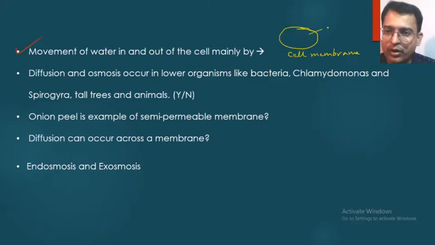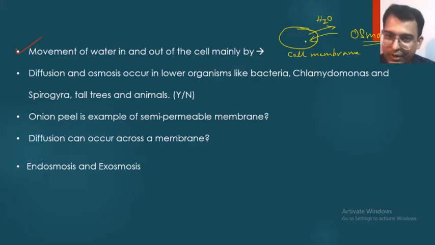So what I am asking is, if water has to go from inside the cell to outside and from outside the cell to inside, what process will it be? It will be osmosis. Why? Because it is the movement of water molecules through a semi-permeable membrane.